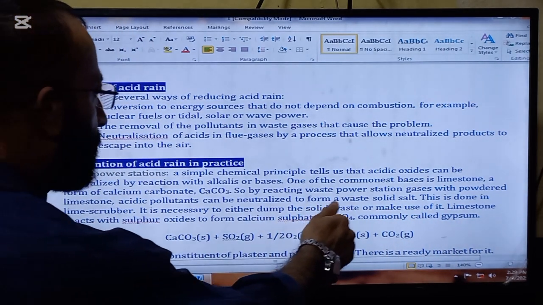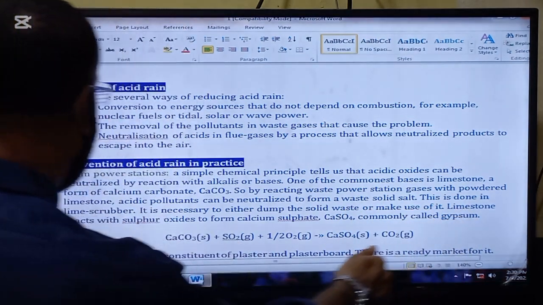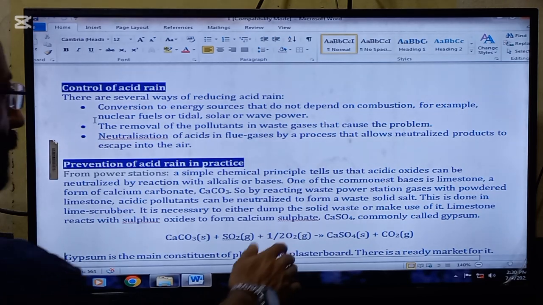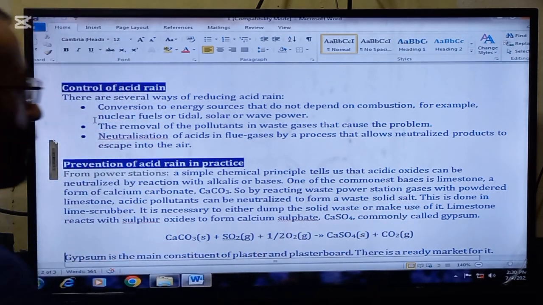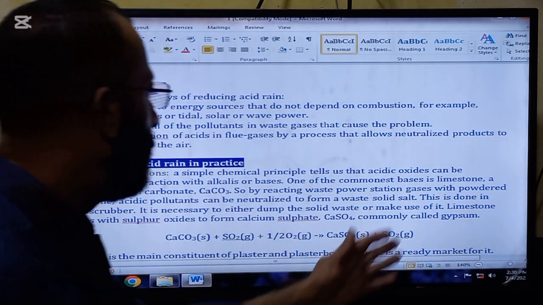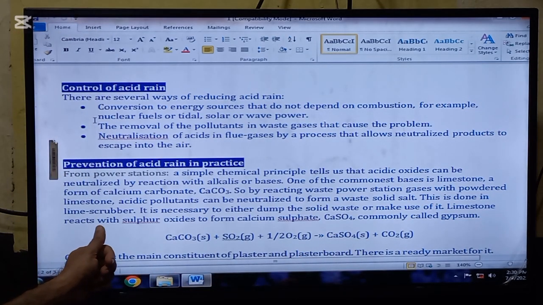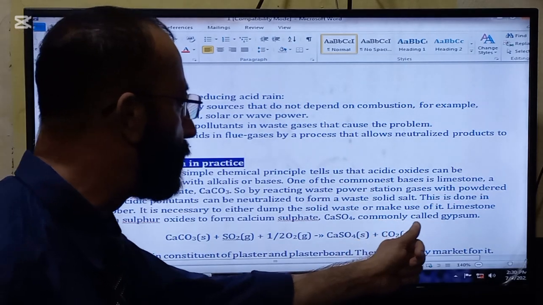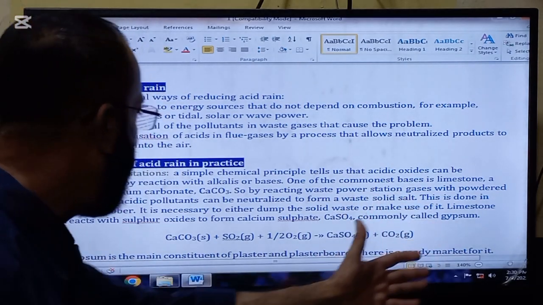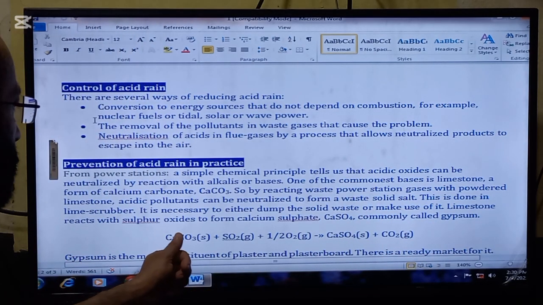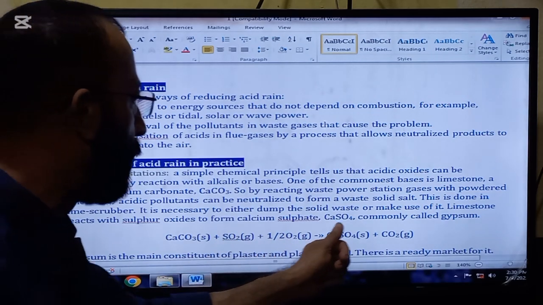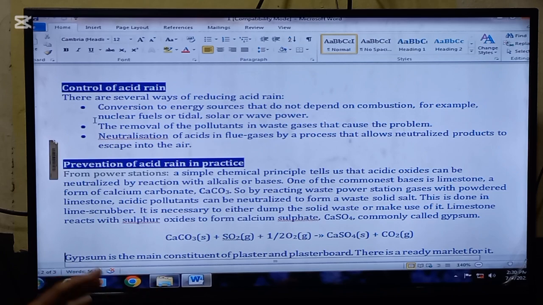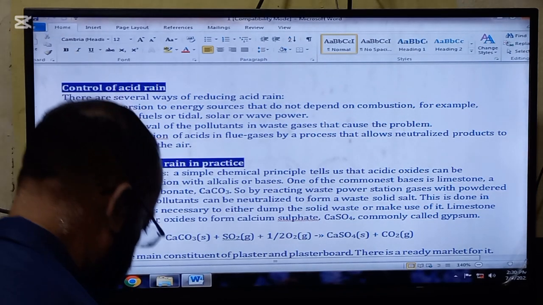By reacting waste power station gases with powdered limestone, acidic pollutants can be neutralized to form a waste solid salt. This is done in a lime scrubber. It is necessary to either dump the solid waste or make use of it. Limestone reacts with sulfur dioxide to form calcium sulfate, commonly called gypsum. This is one way we can control acid rain.